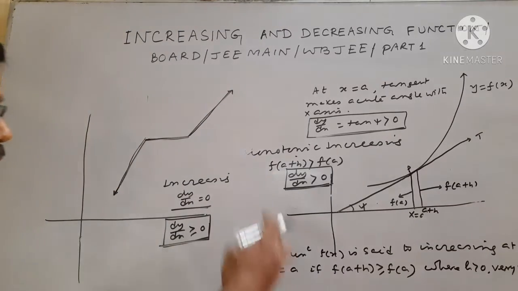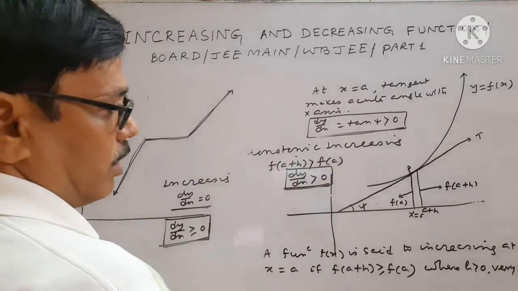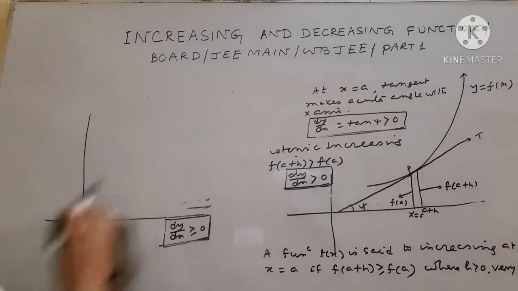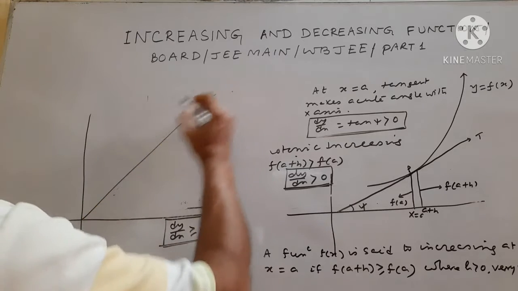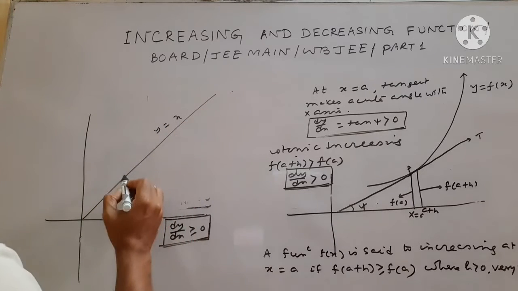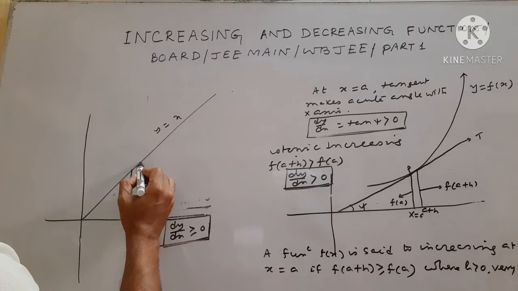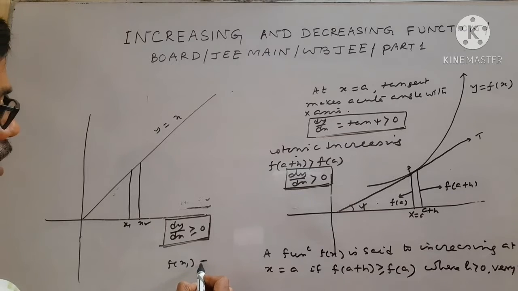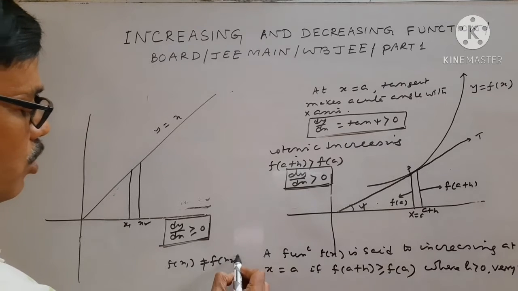So look, for strictly increasing function, in this figure, suppose y equals x. So this is x1 and this is x2. So f(x1) is not equal to f(x2).